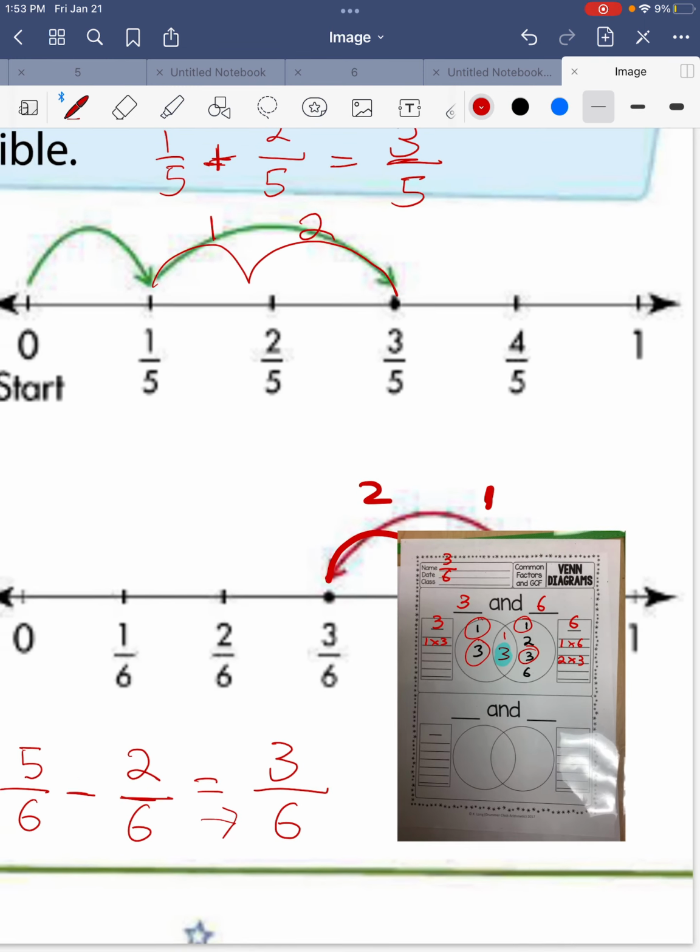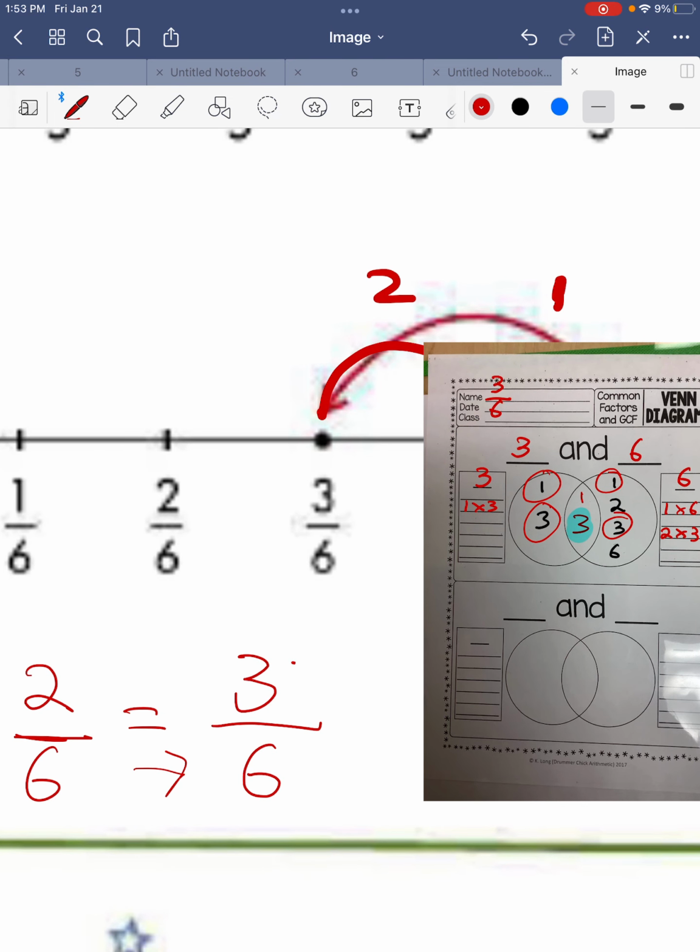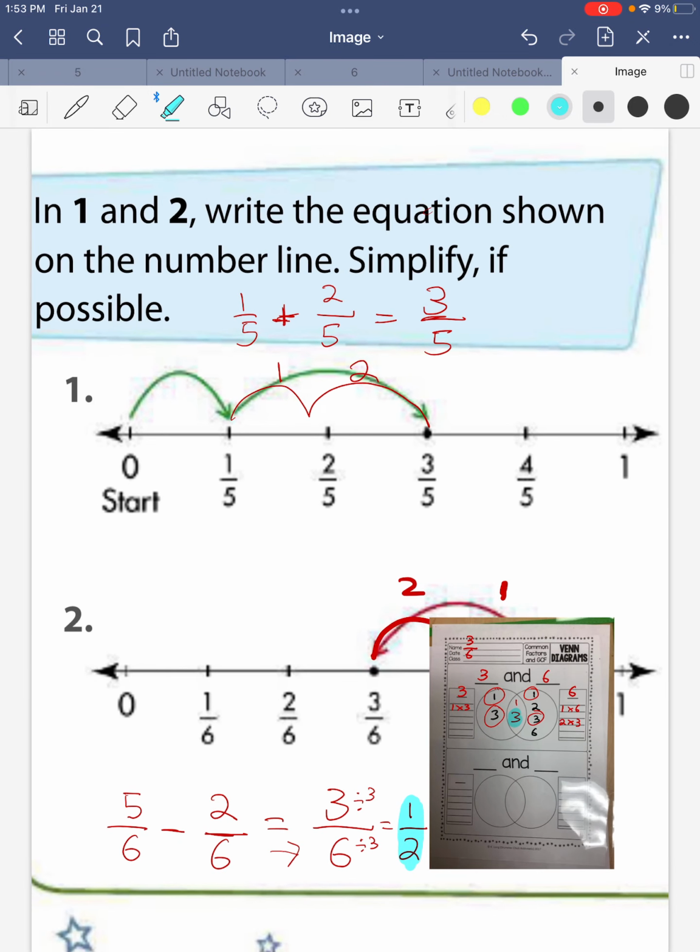So I'm going to go back to my fraction over here, and I'm going to divide it by 3. 3 divided by 3 equals 1. 6 divided by 3 equals 2. So my real answer is 1/2, okay? Please, guys, please remember that when you do this, you need to start seeing if you can make the fraction smaller, okay?